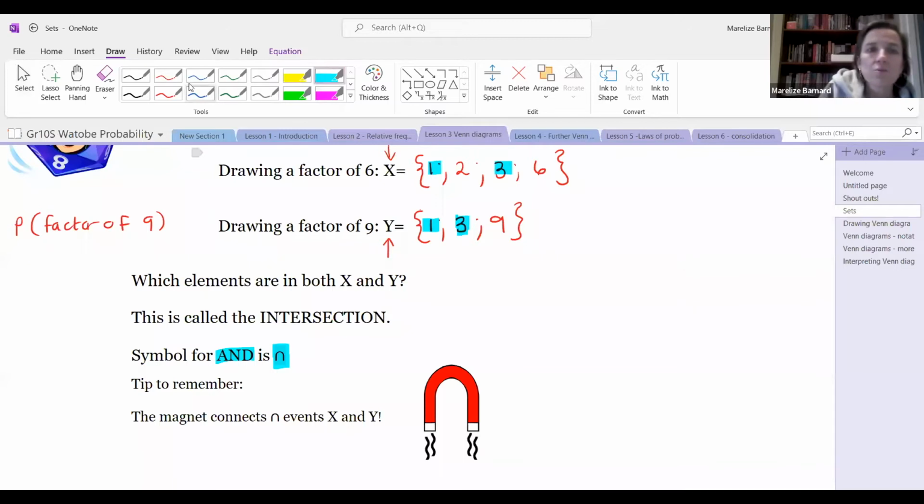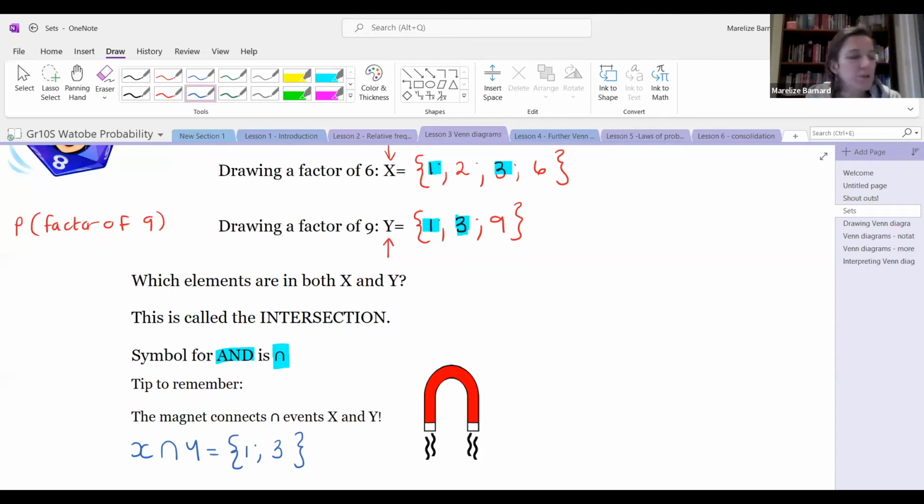So to write that using our correct notation, the intersection between X and Y, if we had to write that as a set, would be 1 and 3.